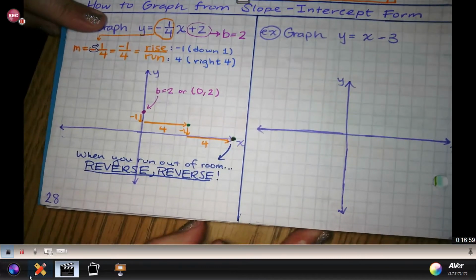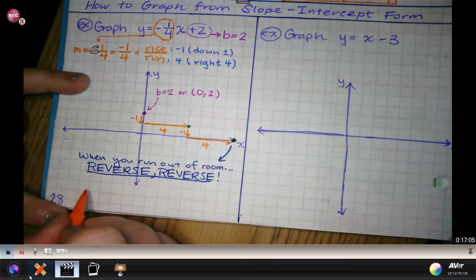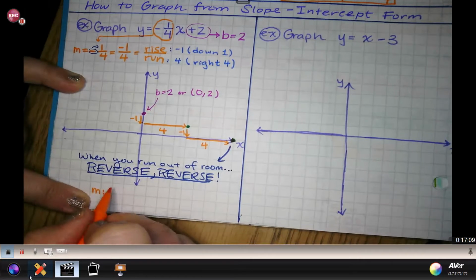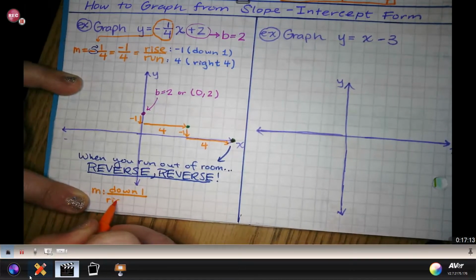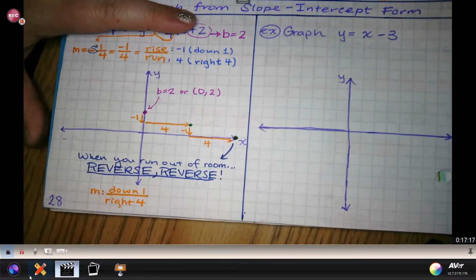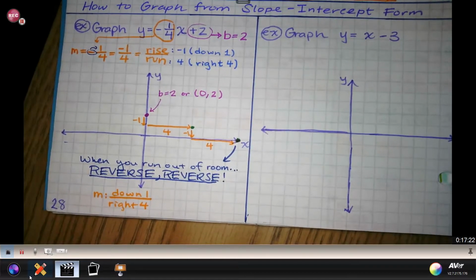What that means is to take both of your actions from the slope and reverse them. So I have right now m is down 1, right 4. To reverse that, I need to do the opposite of both of those things.